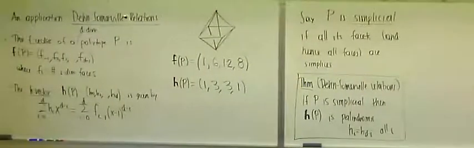I told you one way of computing the h-vector is just to plug in the f-vectors, compute this polynomial and multiply out, and that's long and annoying, but you can do it. But it turns out there's a more fun way to do this. Take the f-vector, which is 1, 6, 12, 8.